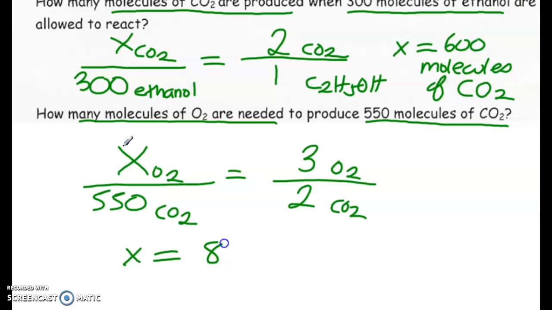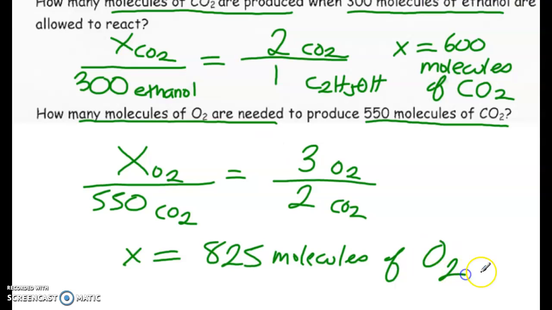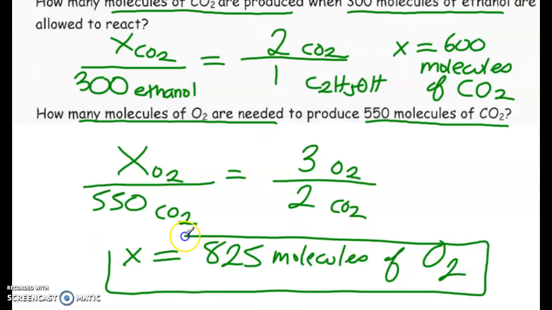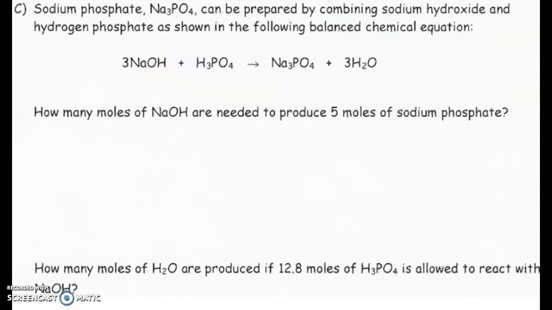So this ends up being 825 molecules of oxygen. What this setup is called is a ratio from the equation. It's also referred to as a mole ratio, which is what we're going to look at next, but it's exactly the same.